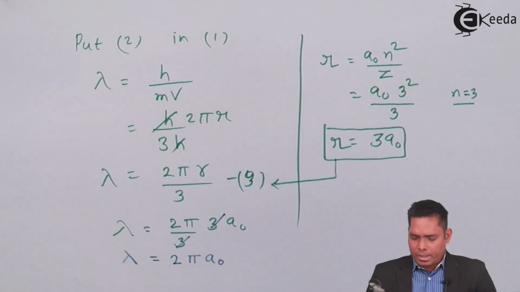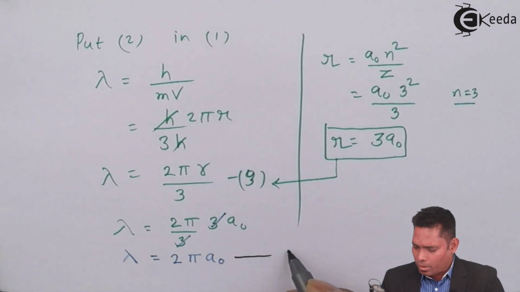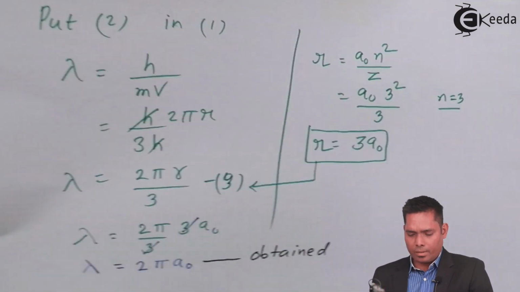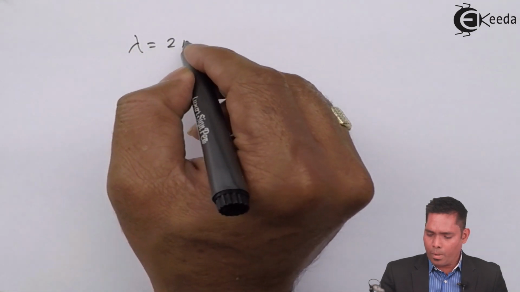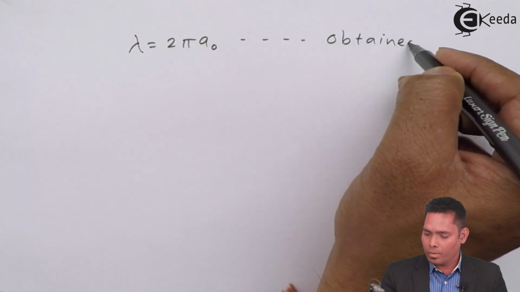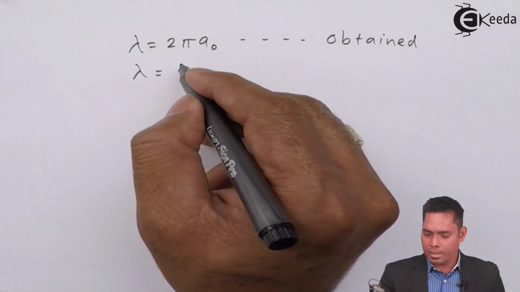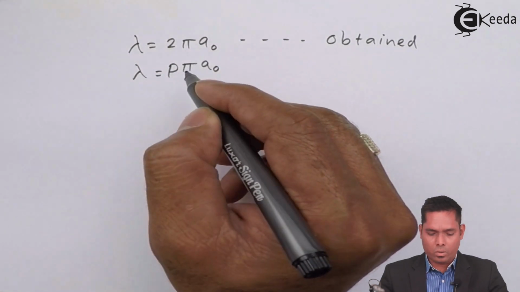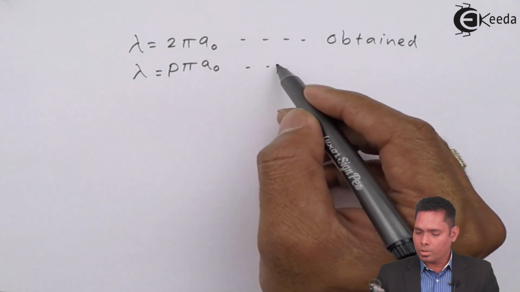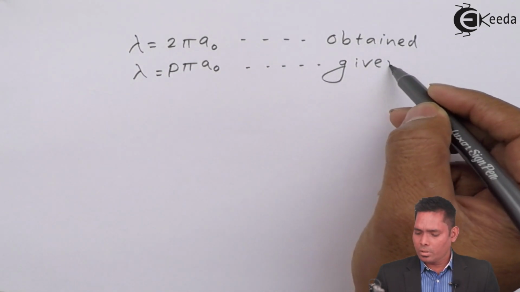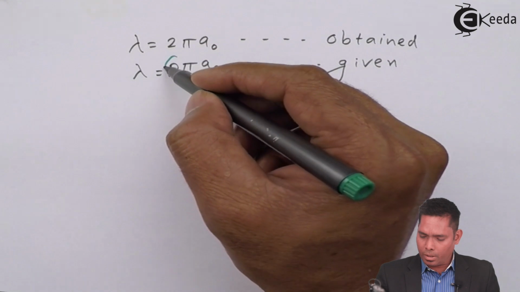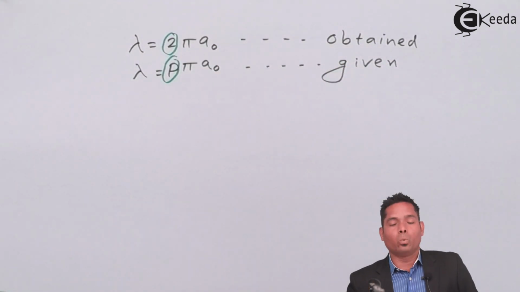So we obtained the relation lambda is 2 pi a naught, and what is given in the question is lambda is p pi a naught. Comparing these two, obviously p will become 2.